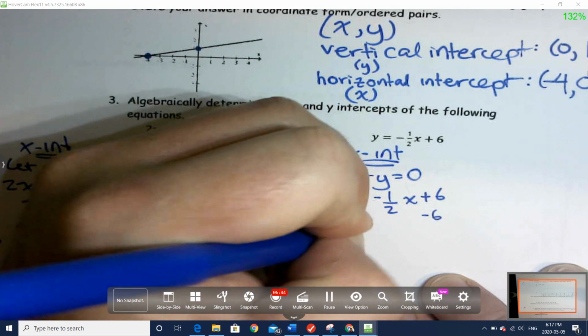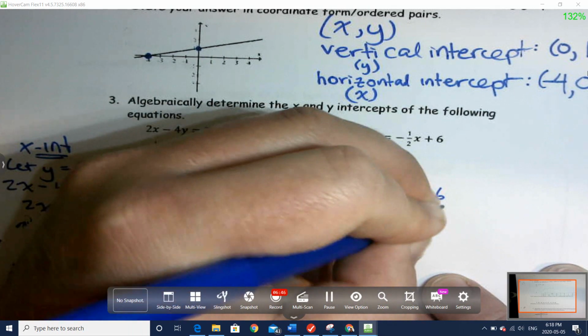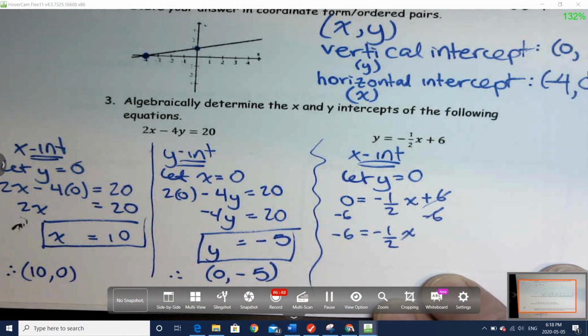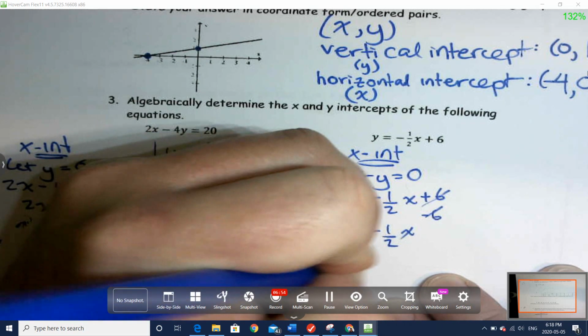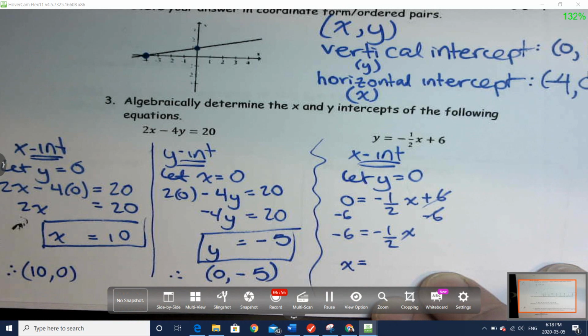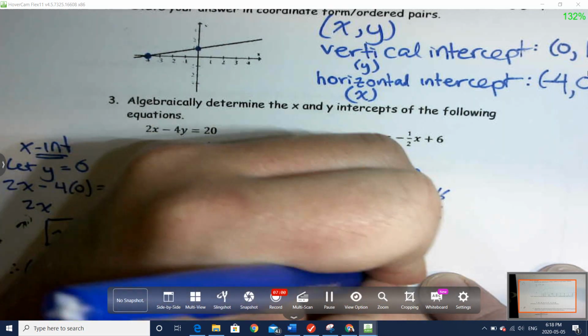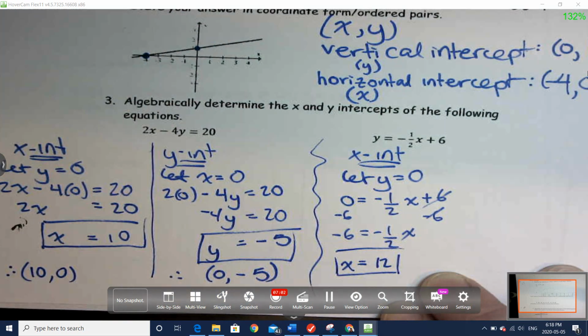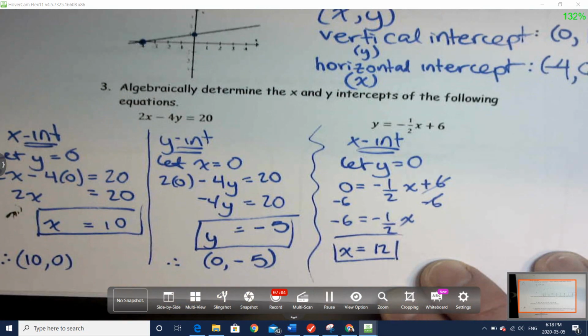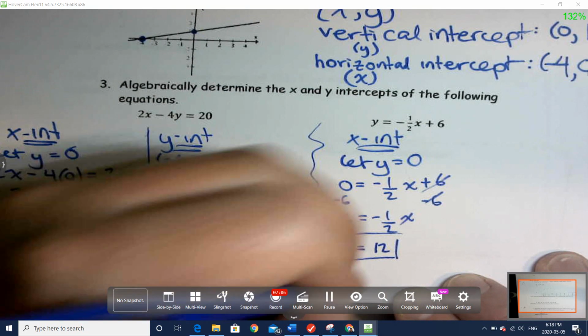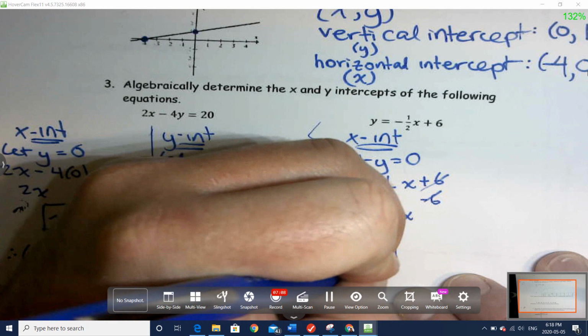We get negative 6 is negative 1/2 x from the 0 principle there. Divide both the left and the right by negative 1/2. And what happens is we get that the x value is equal to positive 12. So that means that the coordinate of the x-intercept is going to be 12, 0.